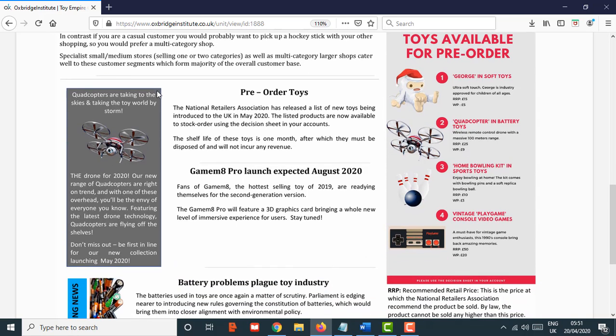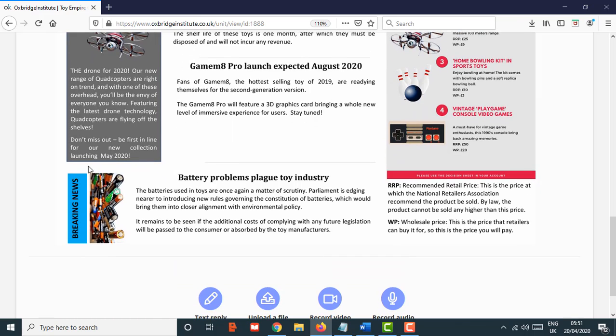There is a lot of information about upcoming launches in this section. So it tells you quadcopters, what are they, some interesting facts. And there's a section about upcoming toy launch for August that might have an implication on your strategy. And finally, we have breaking news.